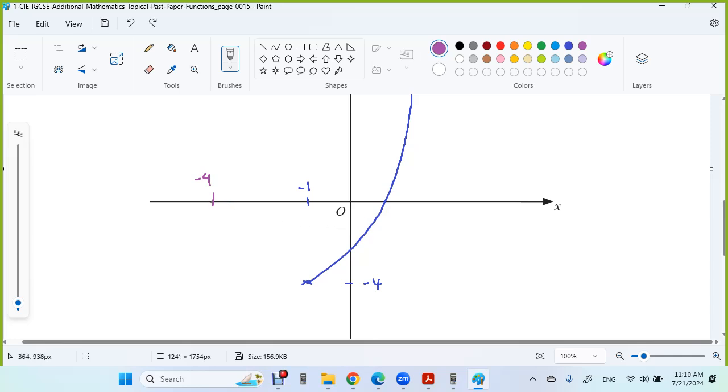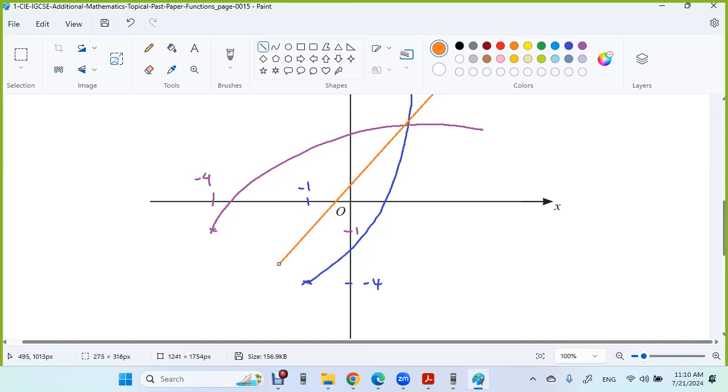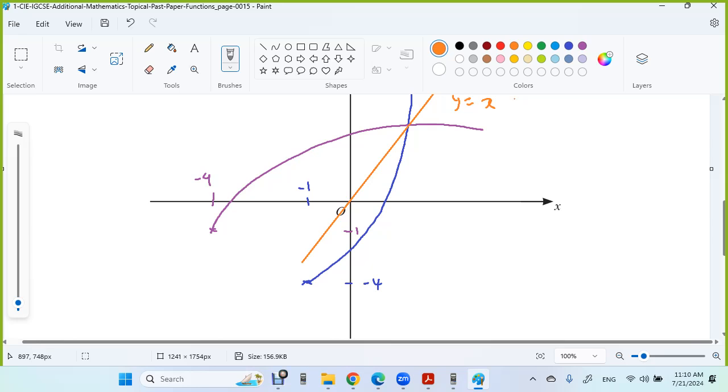So we will have (-4, -1) here, then the graph is something like this. This one is the graph of the inverse, which is the reflection of y equals f(x) in the line y equals x.